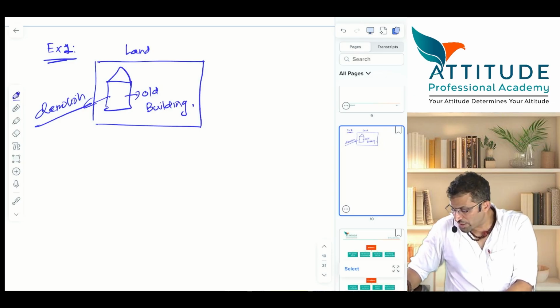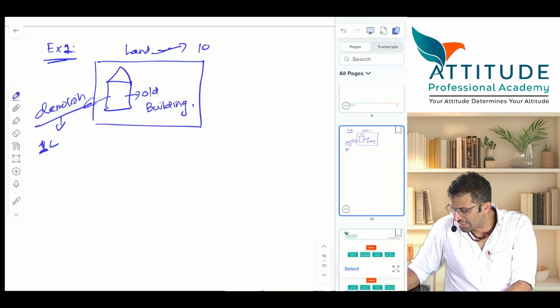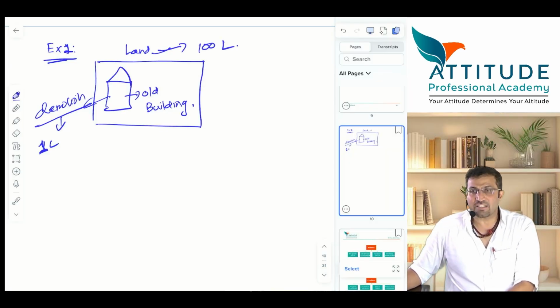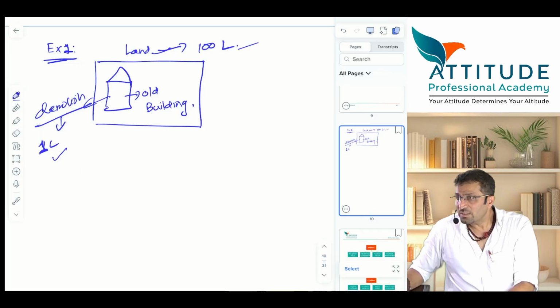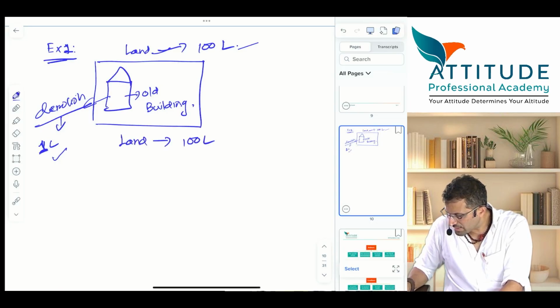So demolition cost is, let us say, 1 lakh. Land including building purchased for 100 lakhs. So total how much have I spent? 100 lakhs plus 1 lakh. Then construction cost. Land is costing 100 lakhs.